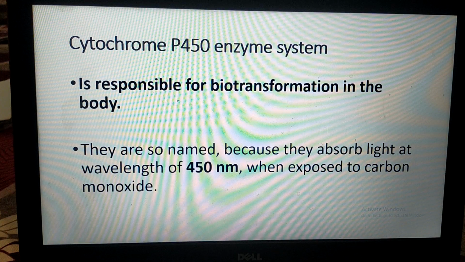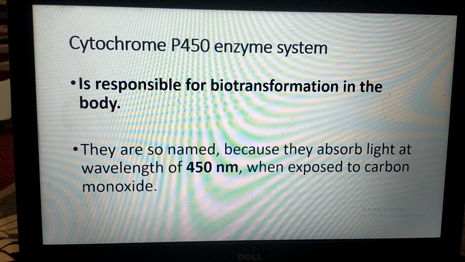It is not a single enzyme, it is an enzyme system. More than 150 cytochrome P450 enzymes are available in our body, and all of them absorb light of 450 nanometer when exposed to carbon monoxide, and hence they are called cytochrome P450.